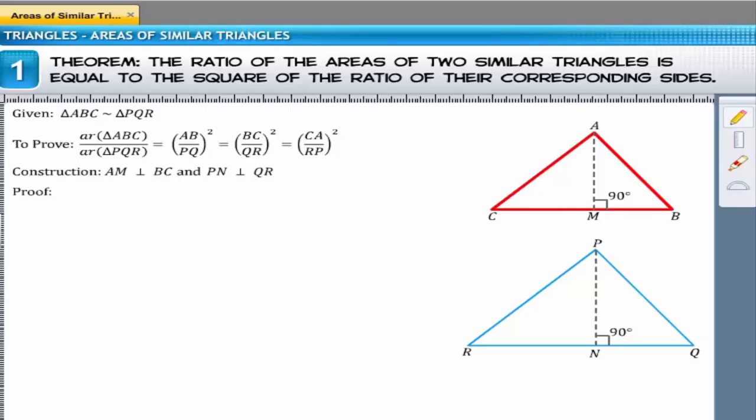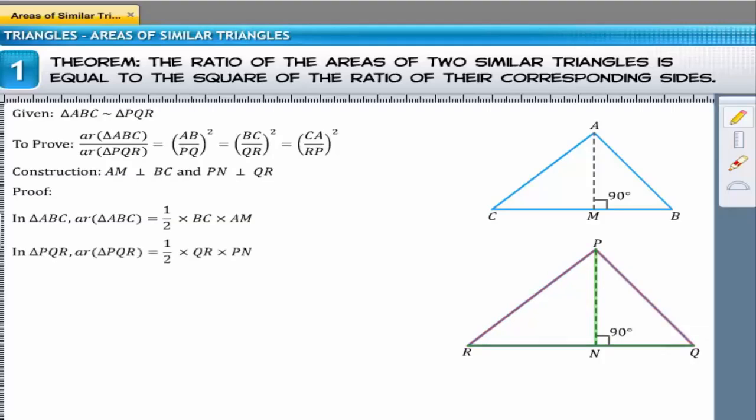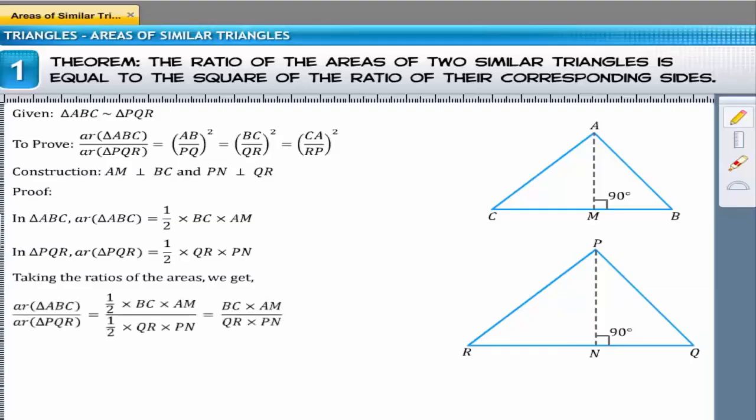Consider triangle ABC. Its area is equal to half the product of the base BC and the altitude AM. Similarly, the area of triangle PQR is equal to half the product of the base QR and the altitude PN. Now, let's take the ratios of the areas of the two triangles.